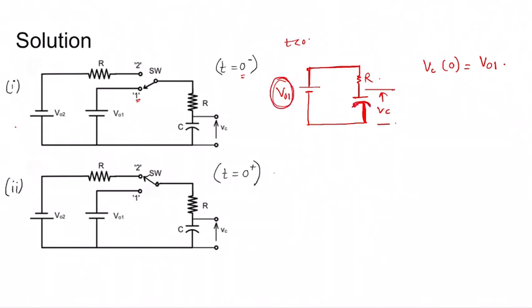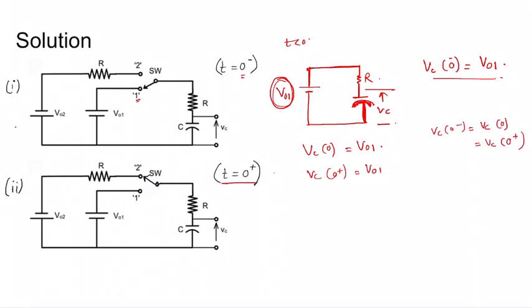It is like this because it is connected for a long time. Now Vc0 minus is V01, so Vc0 is also V01 and Vc0 plus is also V01, since Vc0 minus should be equal to Vc0, which should be equal to Vc0 plus.